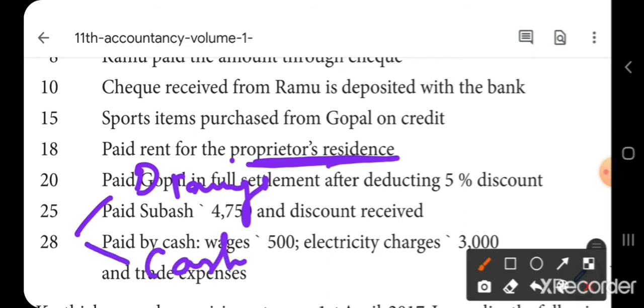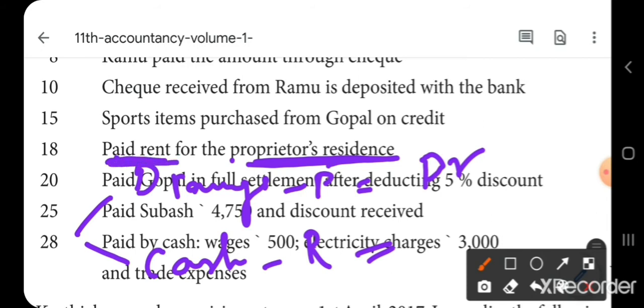Cash is going out, isn't it? Drawings is a personal account. Cash is a real account. Debit the receiver, credit the giver. Who is the receiver here? Hari. So Hari's drawings account you debit. And cash account, debit what comes in, credit what goes out. So rent paid, cash is going out, so you credit what goes out. The entry will be drawings account debtor to cash account.